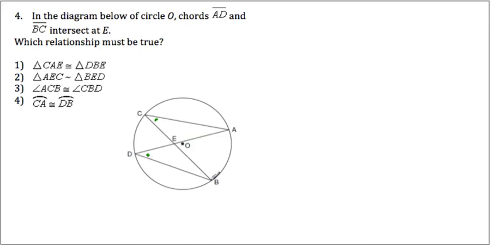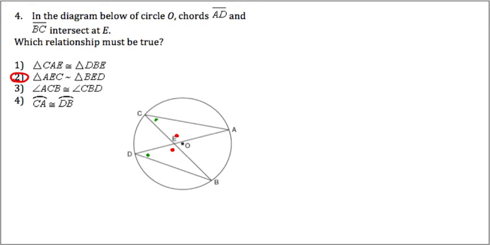Because they share the same measure of the arc. Likewise, how about these two? They are two vertical angles. Then you get to realize that these two triangles, ACE and BDE, must be similar. Out of all these four, choice 2 represents that.